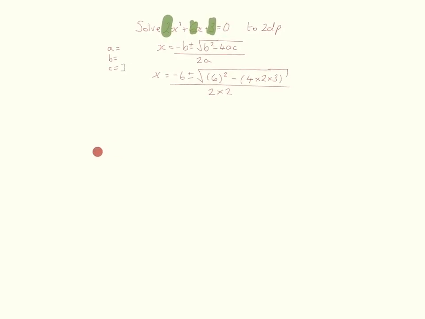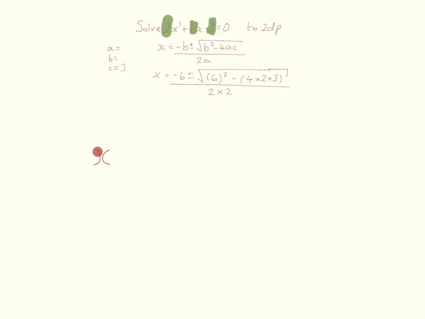So what we've done is we have substituted in, we've simplified, and now we need to split up our answers. Because if we notice here in the middle, it's minus 6 plus this divided by 4, or minus 6 minus this divided by 4. So we're going to split our answers just like we did before with quadratics.